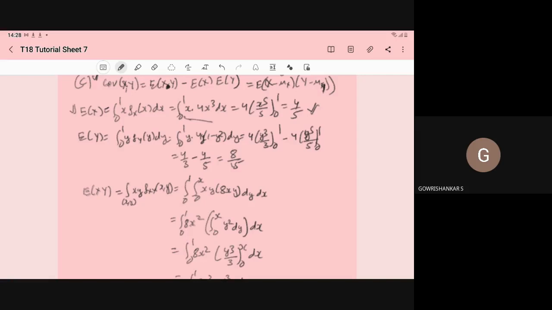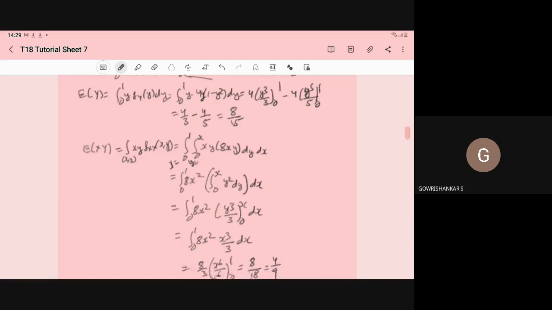The limits will be 0 to 1 and 0 to x respectively, of xy into fxy, and fxy is what? 8 into xy. So the integrand will become 8 into x square y square dy dx.